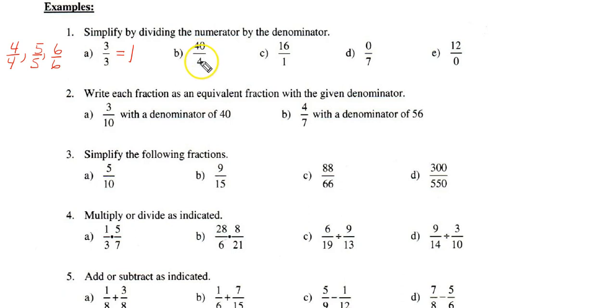So, again, how many times does 4 go into 40? And the answer would be 10 times. Now, in a sense, that is 10 over 1.